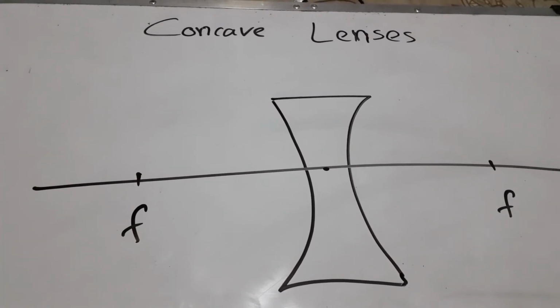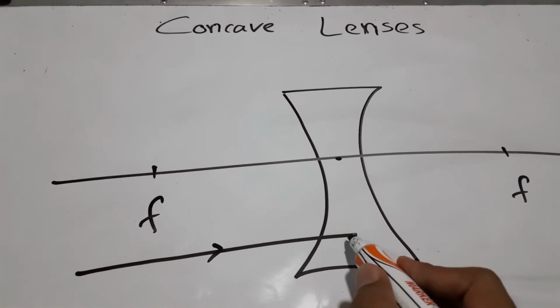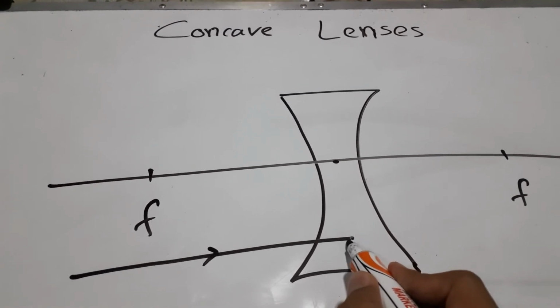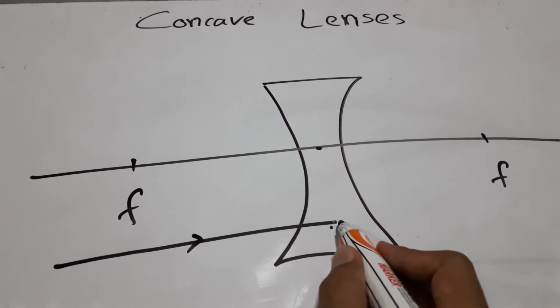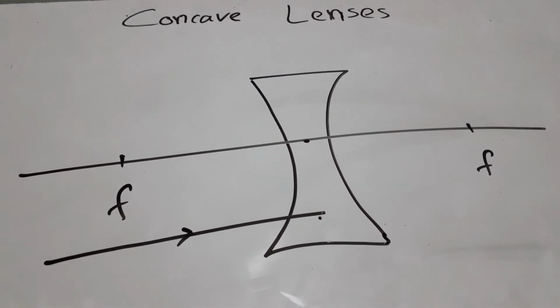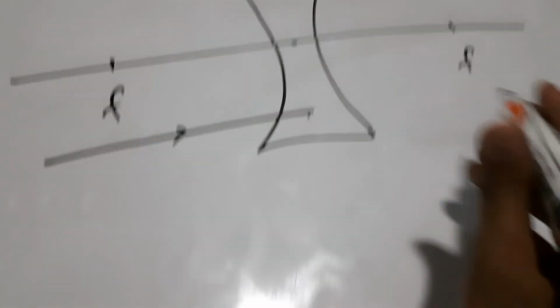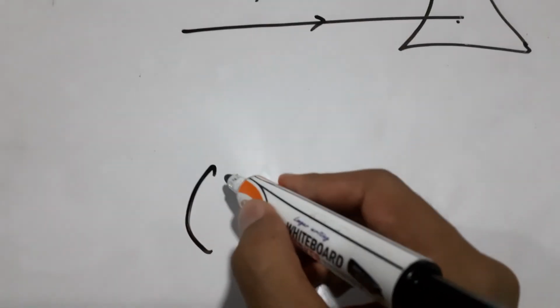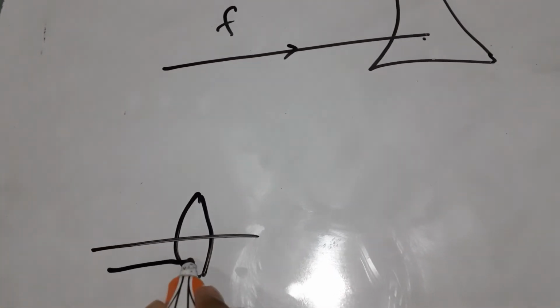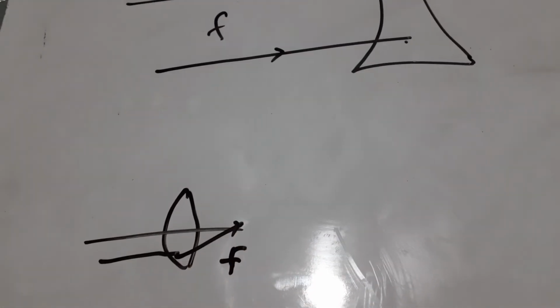If you consider a light ray that comes parallel to the concave lens and hits it, what happens? These rays will be diverged, right? In a convex lens, what happened? The rays that were coming parallel were converged to the focal point.